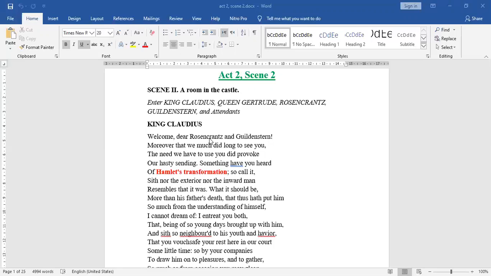Then the fourth part of this scene will deal with Rosencrantz and Guildenstern, who are Hamlet's childhood friends, but pay attention, they are not true friends, as we will see in this scene. They will begin their efforts on behalf of Claudius.